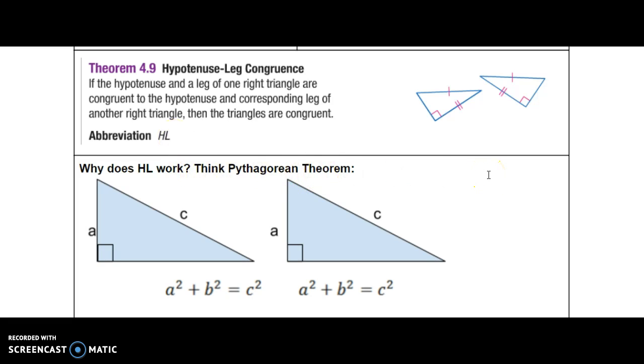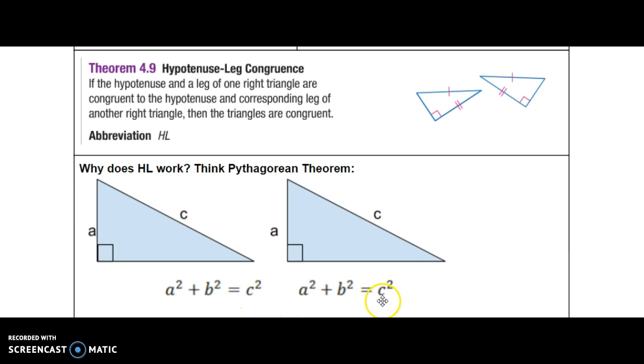Let's think about the Pythagorean theorem for a minute. If you have a pair of right triangles, we have these right angles, we have corresponding hypotenuses that are congruent, they're both called c, and we have corresponding legs that are congruent, in this case they're both called a. Well, if we think about the Pythagorean theorem, a squared plus b squared equals c squared, there's only one value for b to plug in here to match a and c.